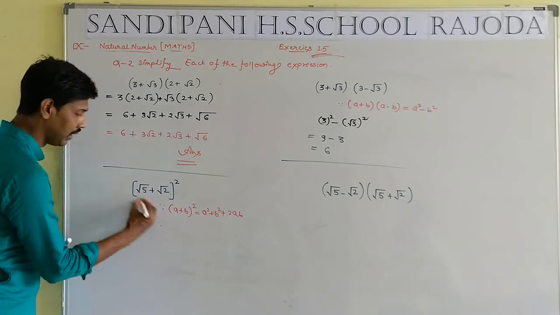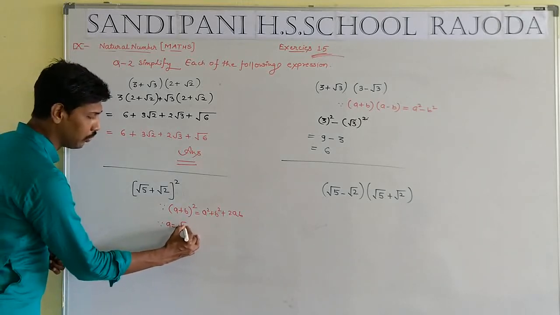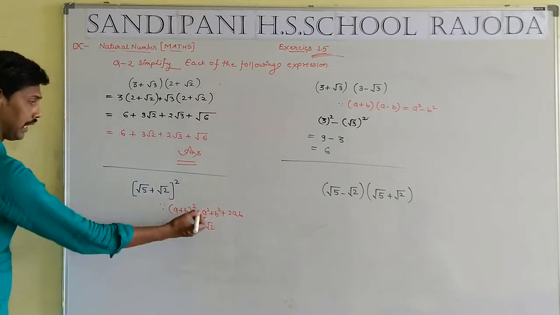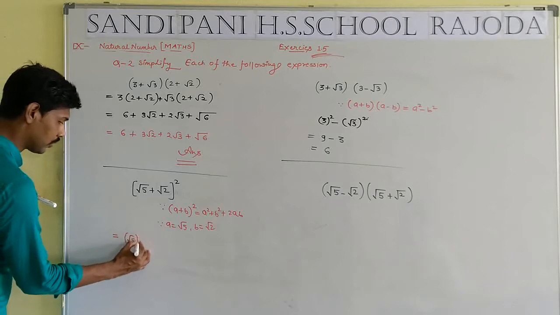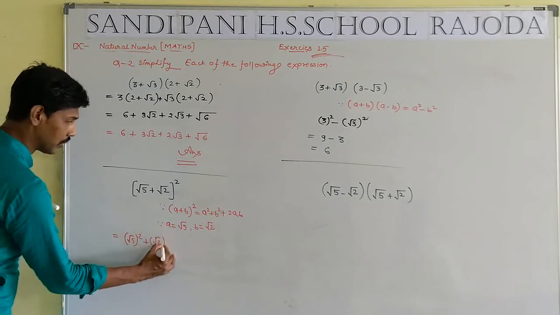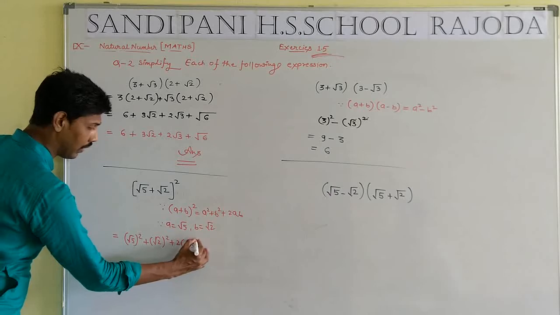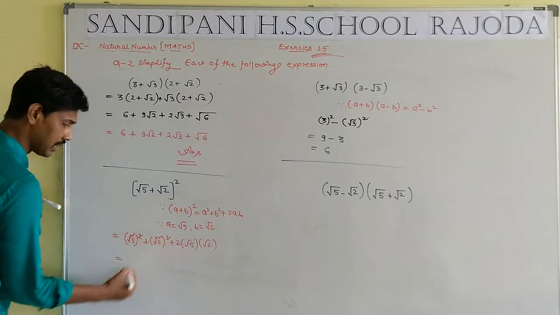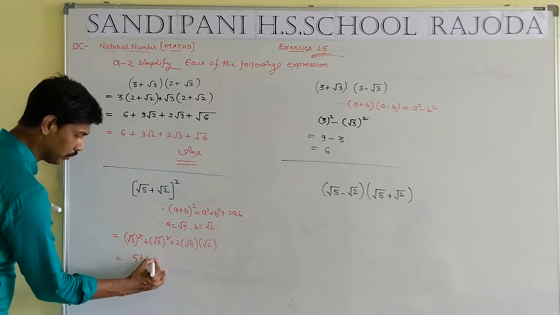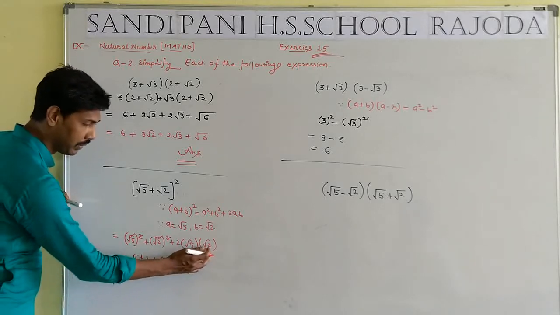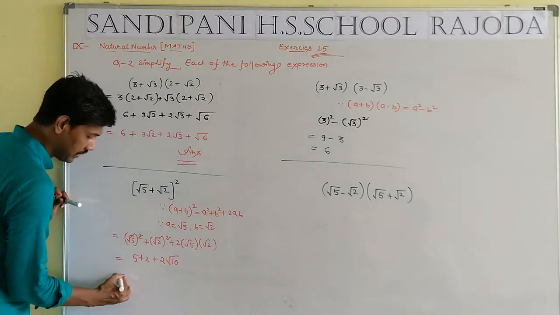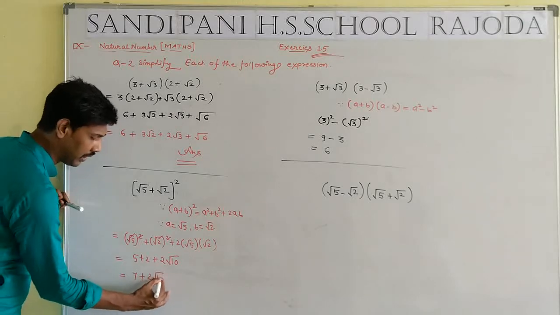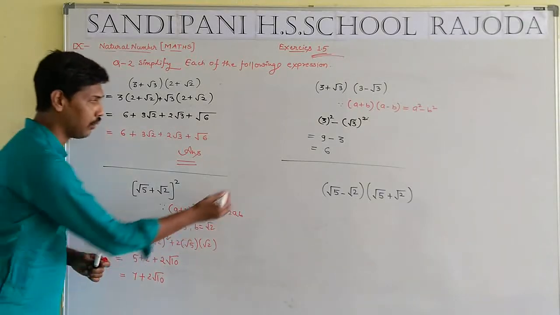Now a is root 5 and b is root 2, such that root 5 square plus root 2 square plus 2 root 5 root 2. Square cancels with root, that means 5 plus 2 plus 2. Root 5 into root 2 is root 10. Same category members, 5 plus 2 is 7. Both are different categories, so no further simplification.